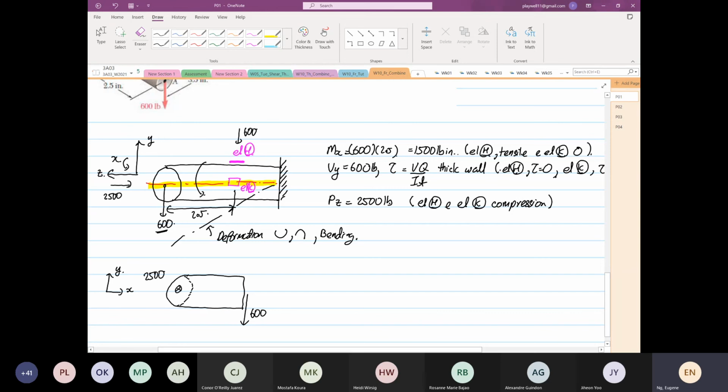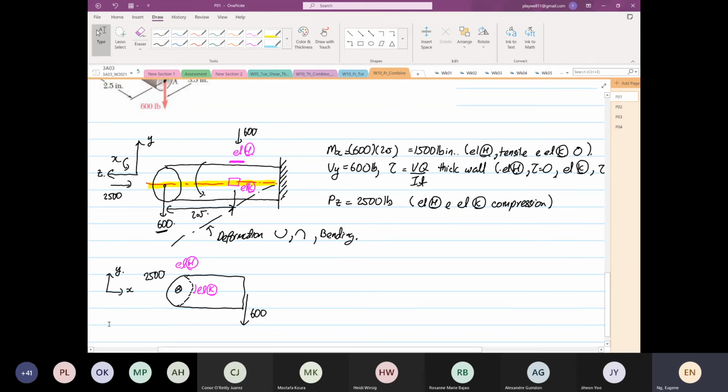Now, again, you have to draw your element. Only after you draw your element do you know what your neutral axis is. Because if you don't draw, you start doing this. This is my element H. This is my element K. If you don't draw the neutral axis of interest relative to the element, which axis are you focusing on?